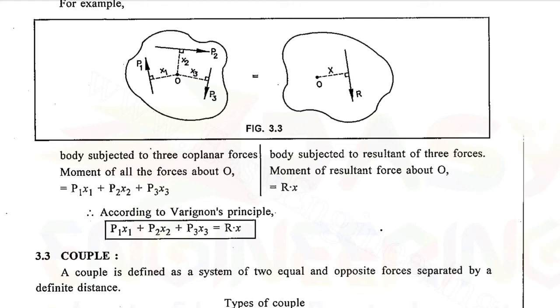So from Varignon's theorem, P1 x1 plus P2 x2 plus P3 x3 is equal to R into x.